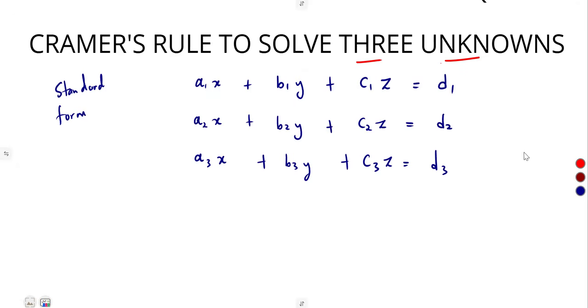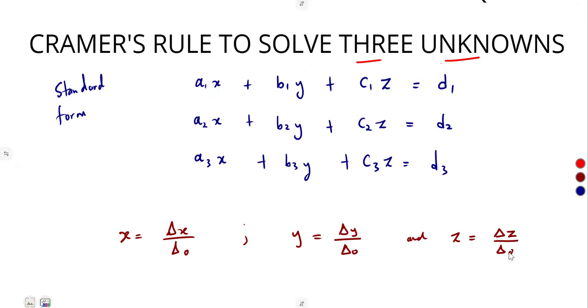And with that form, Cramer's rule states that x is equal to delta x over delta naught, just like before. And y will be equal to delta y over delta naught, and z will be equal to delta z over delta naught.